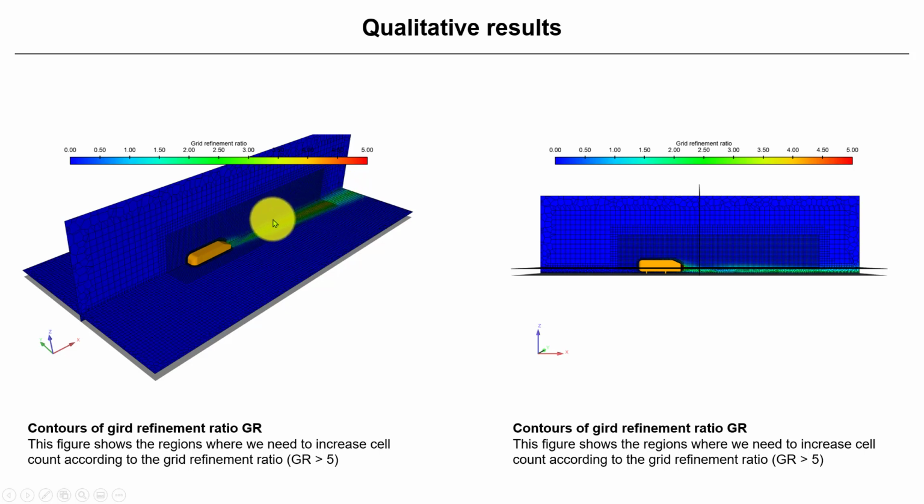So it would probably be a good idea to extend the whole refinement box all the way to the outlet, and also refine this refinement box a little bit more to get closer to 5, as you see here. It's telling you precisely where you need to do that. You don't need to do it in the whole domain, so maybe you will need to add some other refinement boxes, to be more selective and avoid increasing the cell count too much.